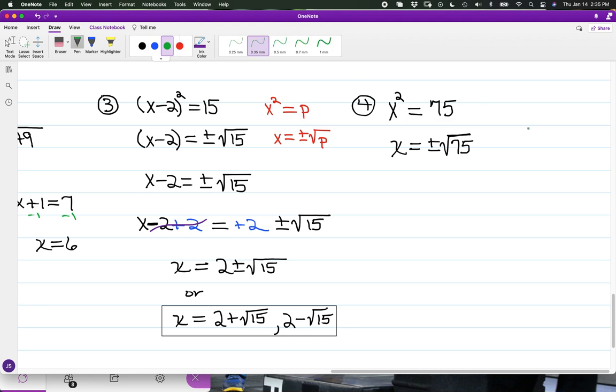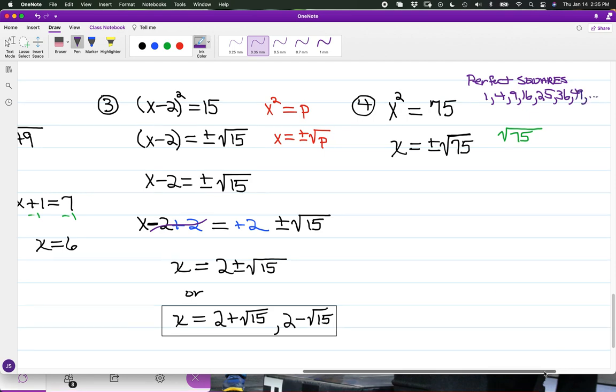What I mean by radical reduction: you have your perfect squares, like 1 squared is 1, 2 squared is 4, 3 squared is 9, 4 squared is 16, 5 squared is 25, 6 times 6, 7 times 7, and so on.